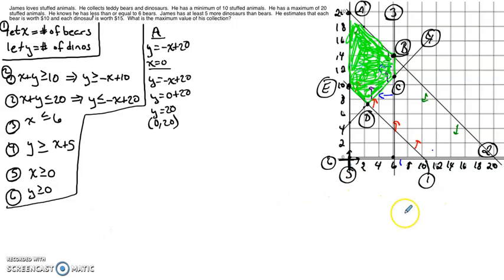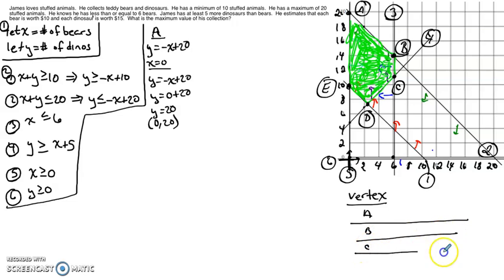Over here, I'm just going to start some notes. I'm going to write down our vertex. So we have A, B, C, D, and E. I'm going to write down our ordered pair, so our x and our y.